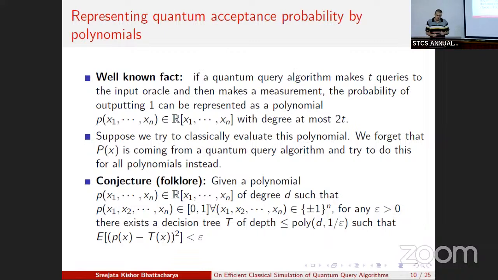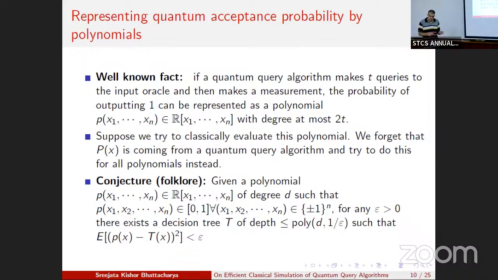So the acceptance probability of any quantum query algorithm making a low number of queries is equal to a polynomial of low degree. And what structure do we know about the polynomial? For any point in plus minus 1 to the n, the output of the polynomial lies between 0 and 1. So to solve this problem, the following conjecture was made.